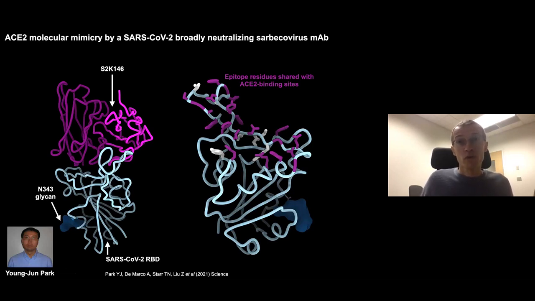Almost all residues, about 3/4 of them, are the same residues as the ones contacted by ACE2. So this antibody is mimicking the ACE2 footprints on the RBM, which allows it to cross-react and broadly neutralize not only SARS-CoV-2-like viruses, but SARS-CoV-1 and related viruses.